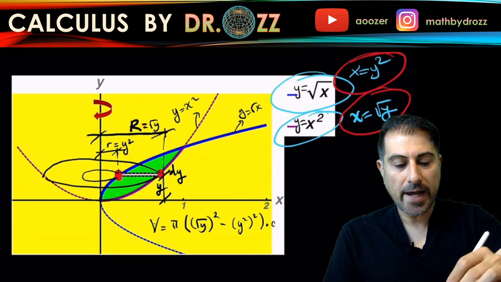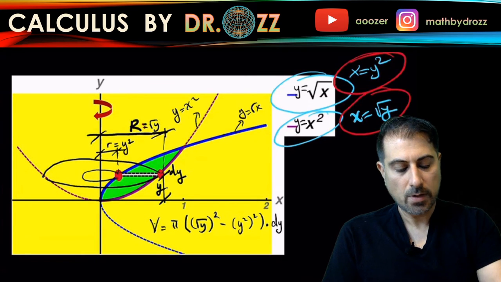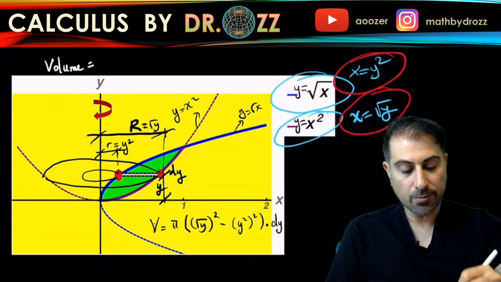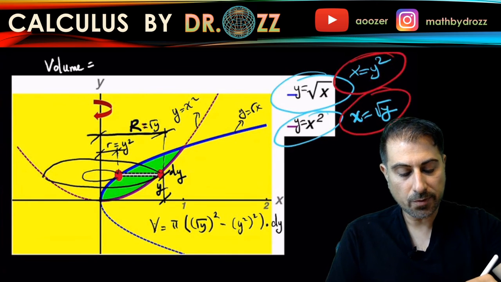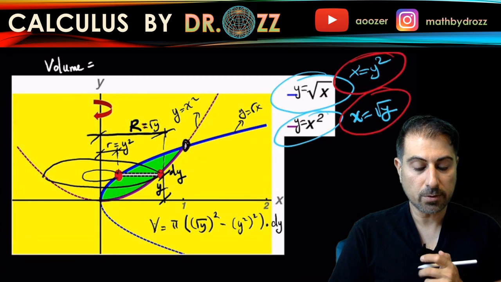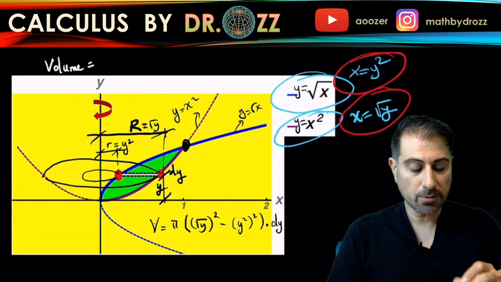So now I can go ahead and write down the volume. Oh, by the way, the y's within the region are ranging in between 0 and 1. We talked about that earlier. So y's in the green region are ranging in between 0 and 1.